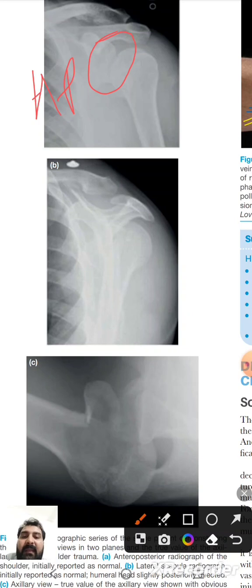This is the lateral scapular view, and in this view we can see that there is a slightly posteriorly directed humeral head, suspicion of posterior dislocation but not confirmation. And this is the axillary view. In this view we can clearly see that there is a posterior dislocation, with the humeral head posteriorly dislocated from the glenoid. So this is the importance of two views.